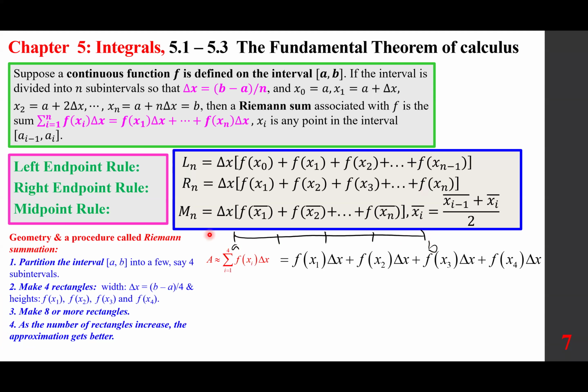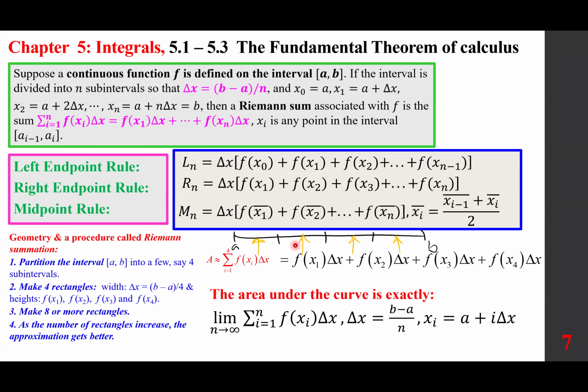For the right endpoints, use all of them except a. Don't use f of a here. What about the midpoints? Just use this point as the midpoint, and the next one, and the next one, and the next one. And how do you use it? Figure out the first and then add delta x. So those are approximations.